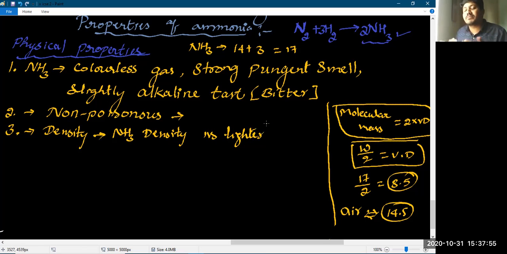Because its molecular mass divided by 2 is very small when compared to air. So ammonia density is lighter than air.